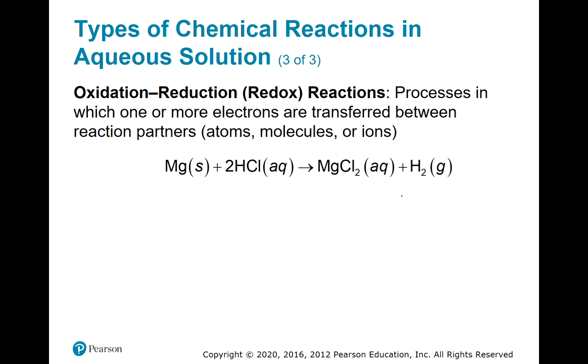And the products are whatever you get when you transfer electrons from one reactant to another. Maybe the most obvious example of a redox reaction based on what we've looked at so far would be forming a compound like sodium chloride from sodium metal and chlorine gas, where you're starting with neutral sodium atoms and neutral chlorine atoms and ending up with sodium cations and chloride anions because the sodium atoms transfer electrons to the chlorine atoms, turning them into chloride ions.